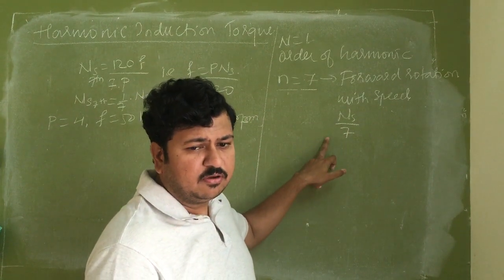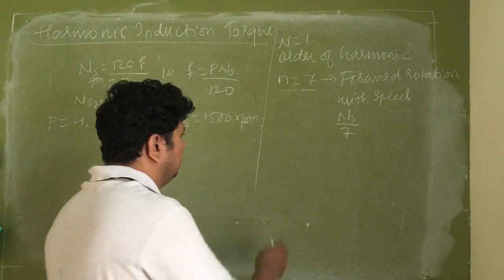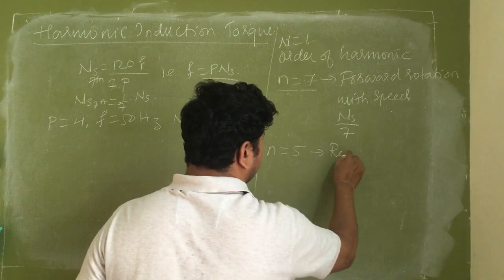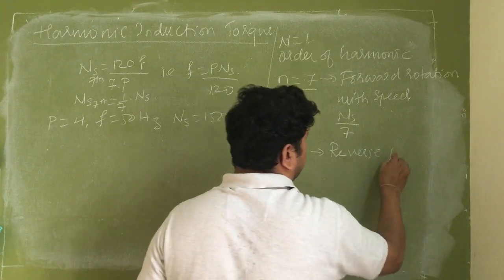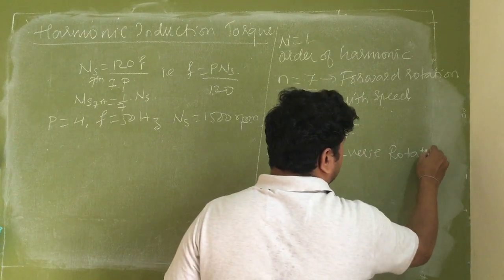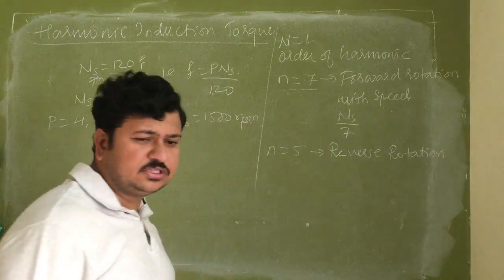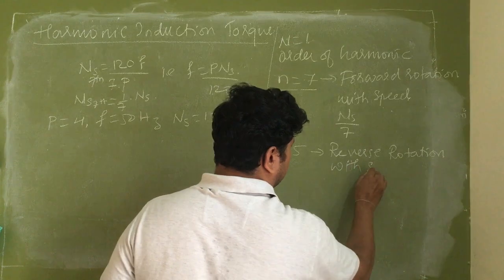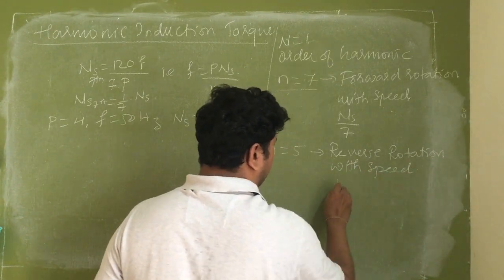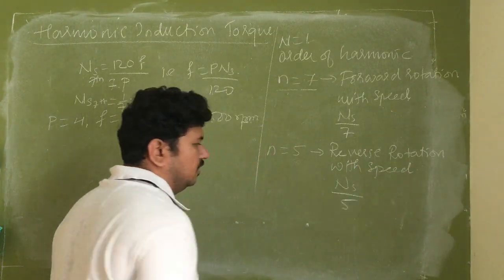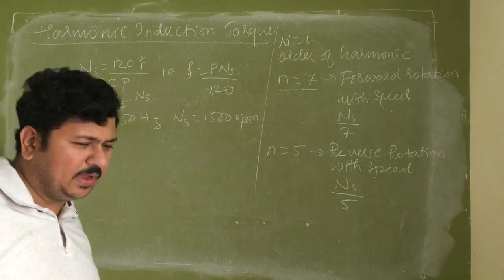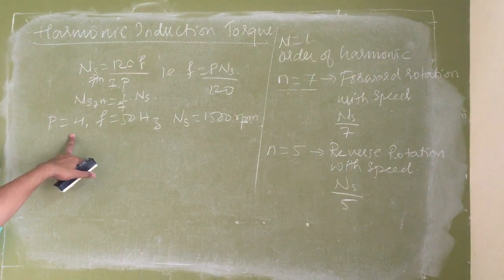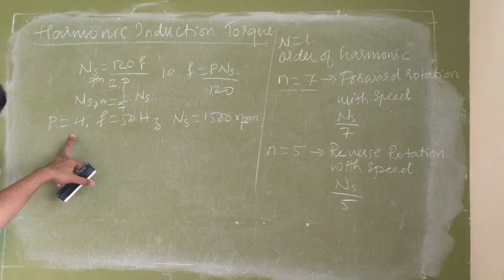Then n equal to 5 is a reverse rotation harmonic with speed ns by 5, because for n equal to 5, the number of poles is 5 times the fundamental, that is 20 poles.